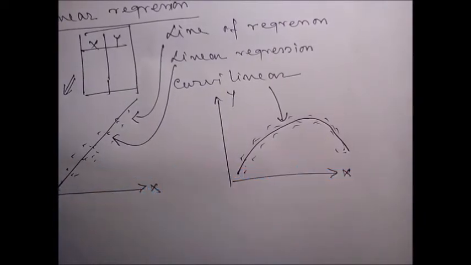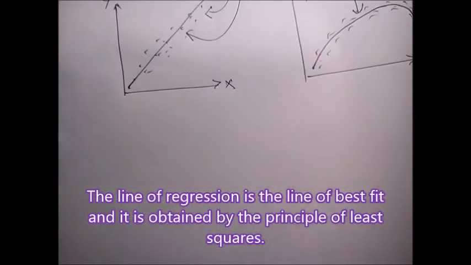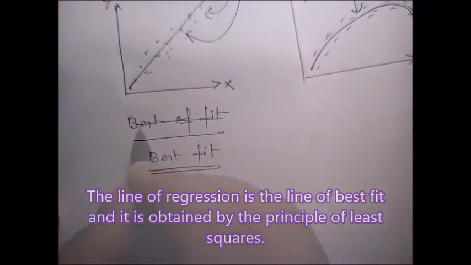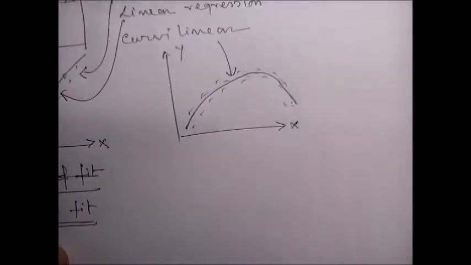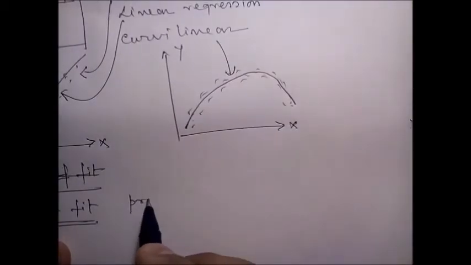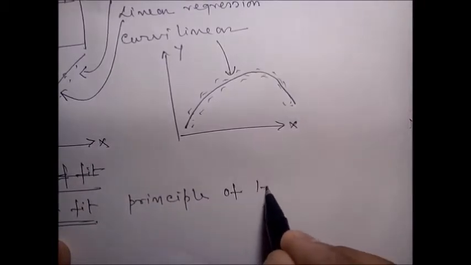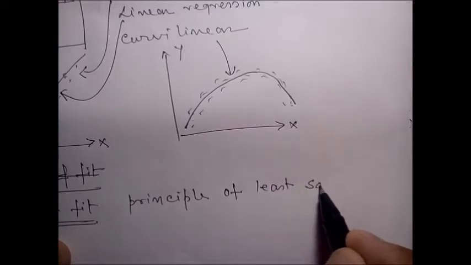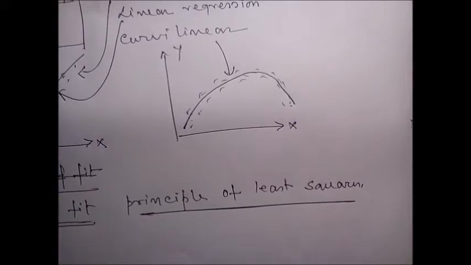Thus, the line of regression is the line of best fit, and it is obtained by the principle of least squares. Okay, so with the help of this principle of least squares, we can obtain the line.